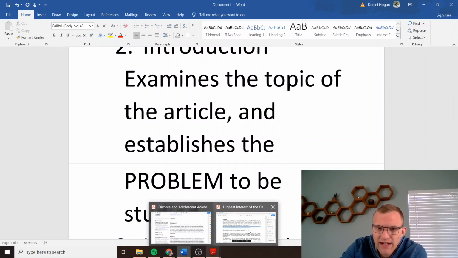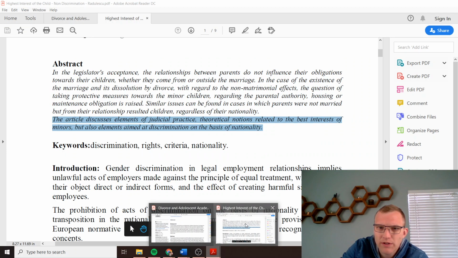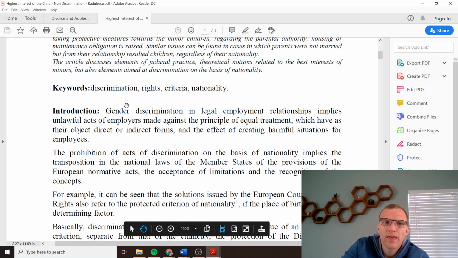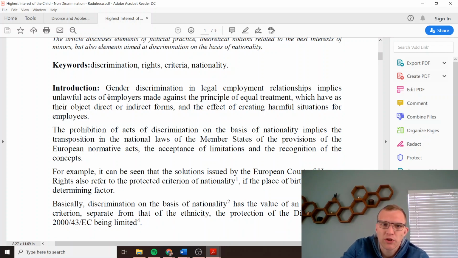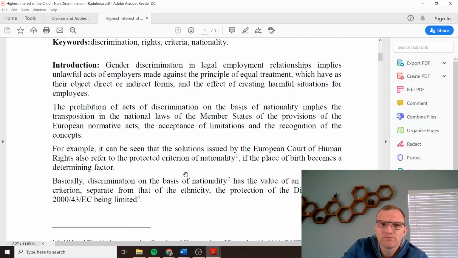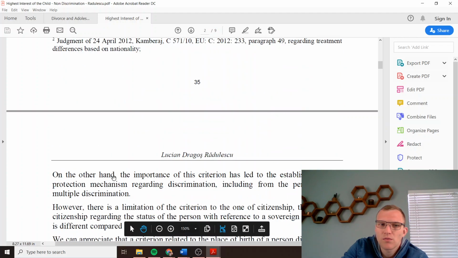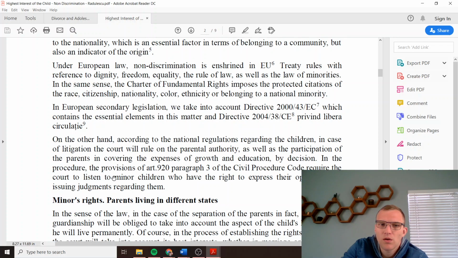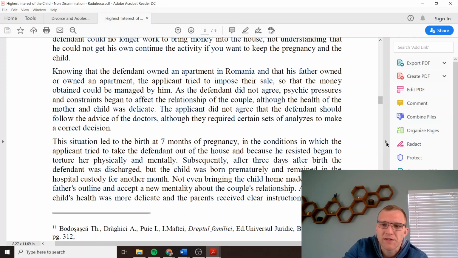So let's take a look at this one that we were looking at. Okay, so introduction. So this is going to tell me about the topic that we're looking at. Read a little bit. Part of this is because I haven't read this.